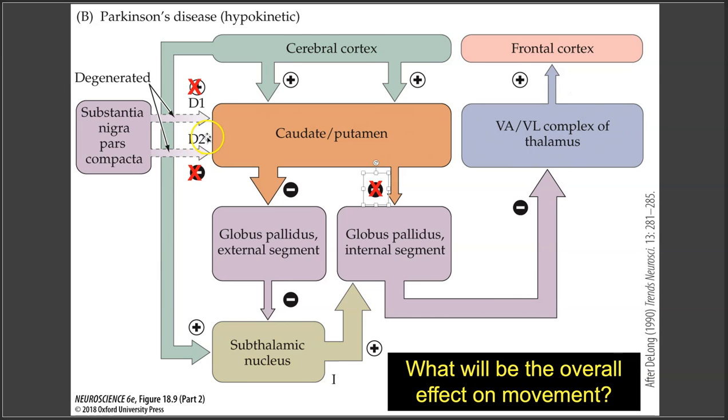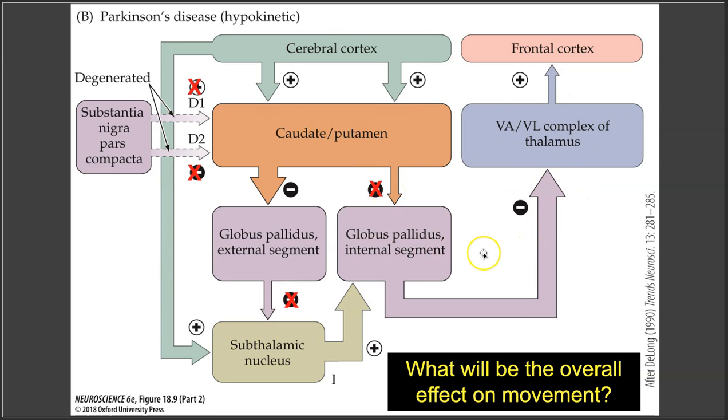Similarly, we've got the D2 inputs to the caudate are now gone, or at least very diminished. This is going to prevent the inhibition of these inhibitory indirect neurons. That is now going to lead to inhibition of this external segment. And so then now we see the activation of internal segment neurons as well as the lack of inhibition.